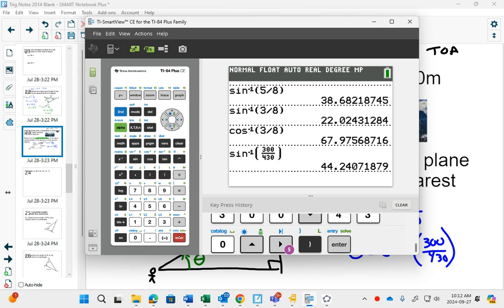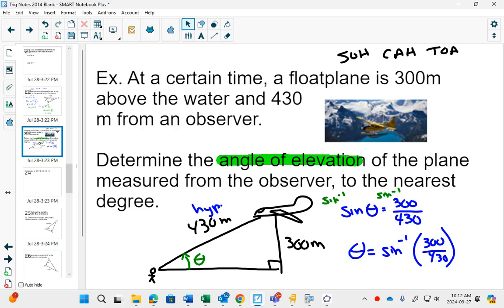Push enter. 44.24. What does it say to round to? The nearest degree. So we get 44 degrees.